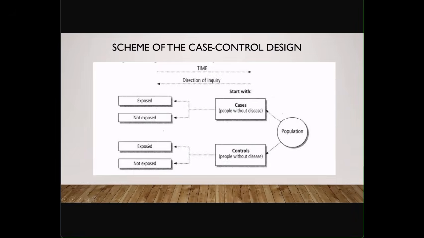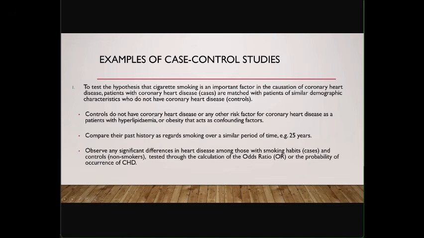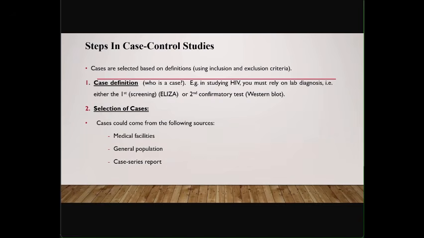We ask them about their exposure to cigarettes or not. So we look at these two groups, those who are exposed to cigarettes in the past and those who are not exposed to cigarette. We look at this group, cases, those who are exposed to cigarette and those who are not. Now, when we do that, we go further to do the analysis.